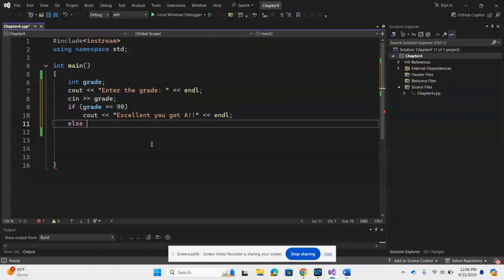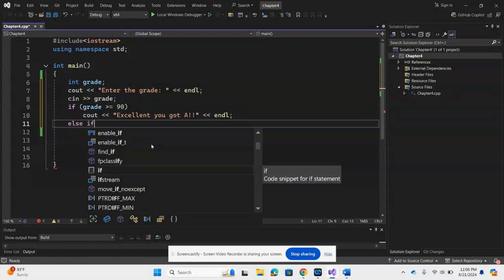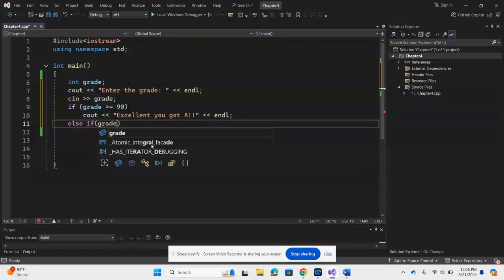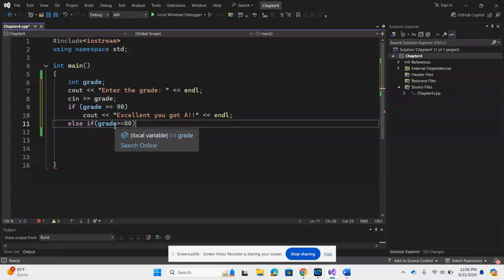So that's why I have another statement. I have another condition. I'm going to put else means less than 90, and then it has to be higher than 80 or equal. See, I want you to be careful about this, right? So when I say else if, that means else means less than 90, and then I have to limit to only 80 something.